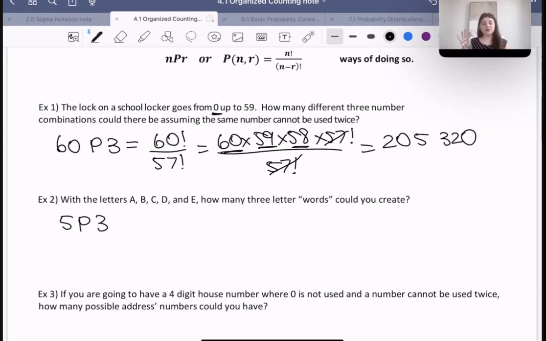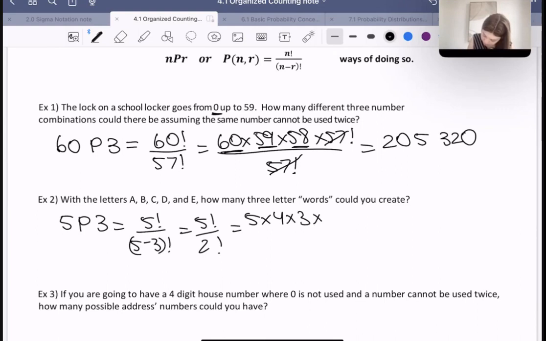For every 3 letters we choose, there's actually going to be 6 different ways we could arrange those letters, which is interesting. So let's do that. We're going to have 5 factorial over 5 minus 3 factorial, which is 5 factorial over 2 factorial, which is 5 times 4 times 3 times 2 factorial over 2 factorial, which is 20 times 3, 60, right?